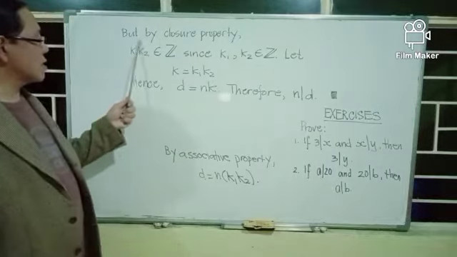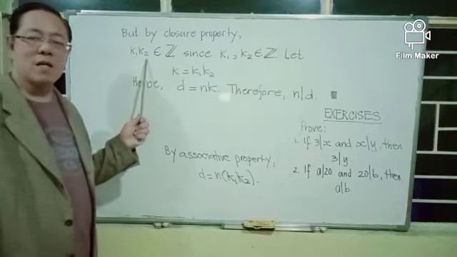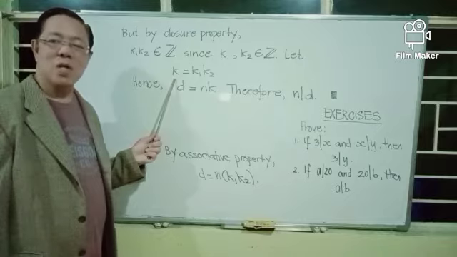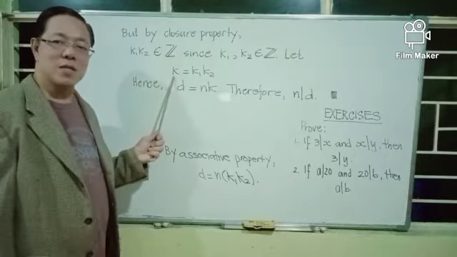Now we let this product, which is another integer, be equal to k. So k is an integer.